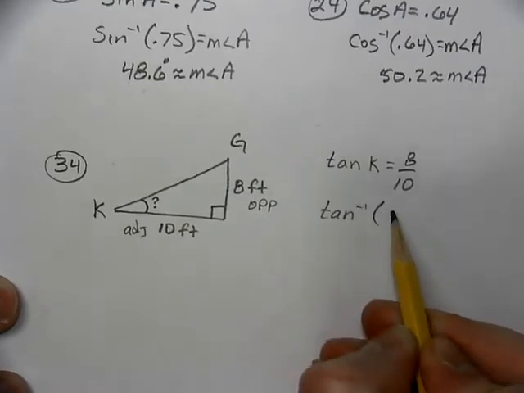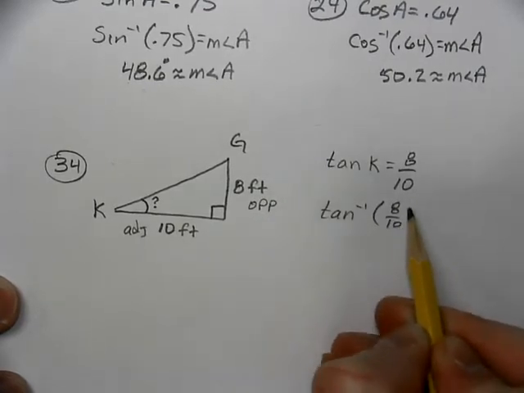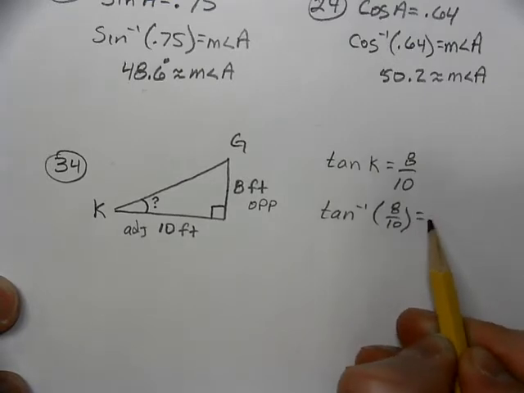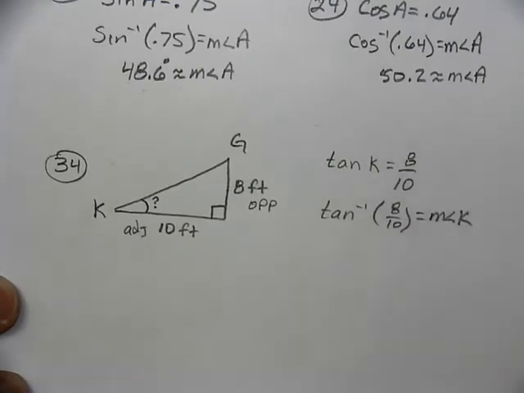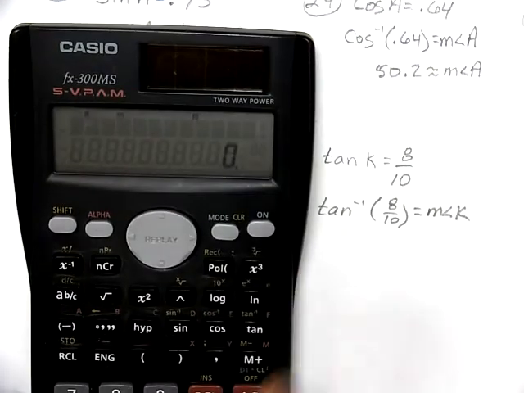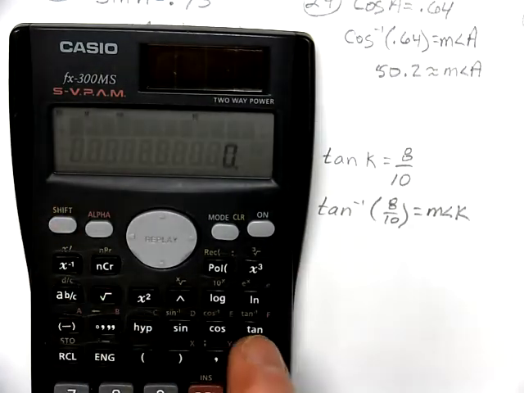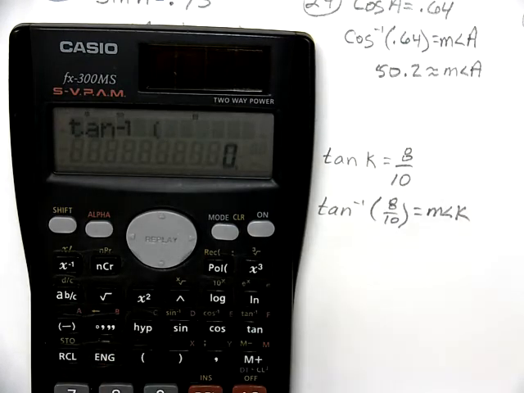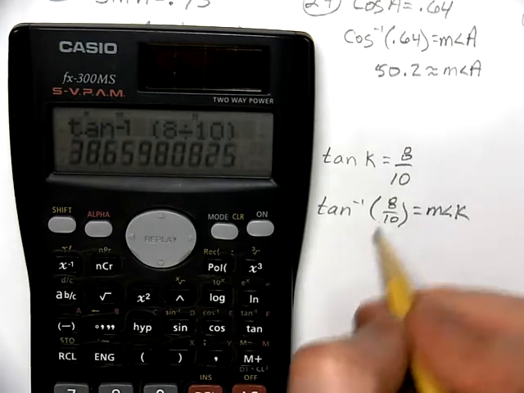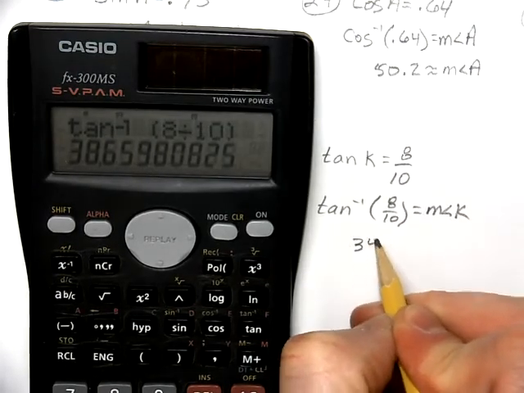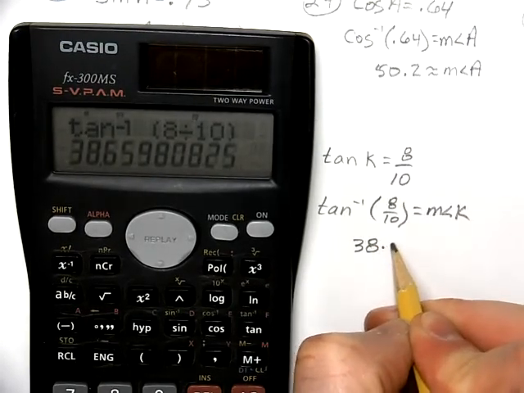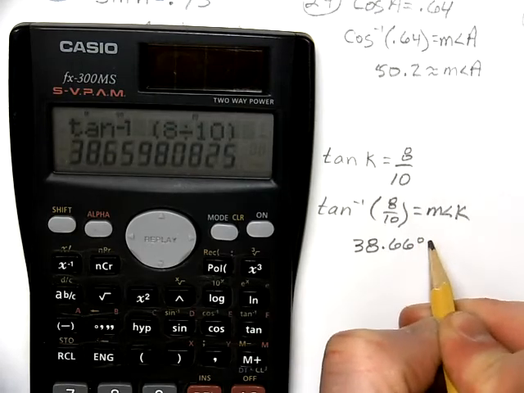So tangent inverse of 8 over 10 is the measurement of angle K. Using our calculator, tangent inverse of 8 divided by 10 gives us 38.66 degrees.